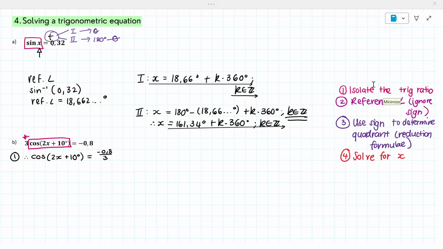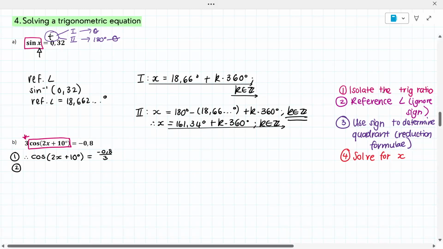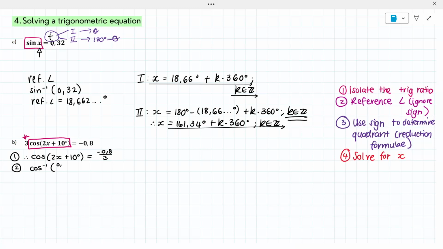Okay, so guys, I've isolated my trig ratio, and I need my reference angle. So remember, we ignore the signs. We're going to say shift cos, so cos negative 1 of, I'm not going to type in negative. I'm just going to type in 0,8 over 3, and I get my reference angle. So here, the reference angle is equal to 74,53, and there's a whole bunch of decimals.